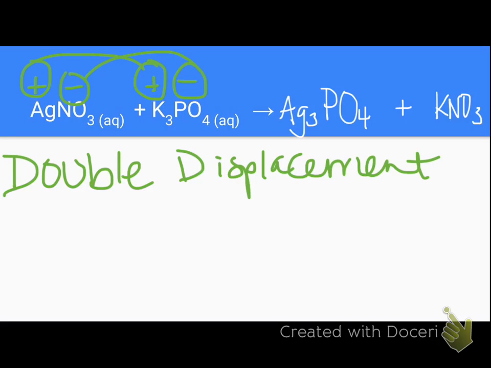All right, now determine our solubility. Silver phosphate is not one of those exceptions for your phosphates, so that is going to be a solid. And then all nitrates are soluble. And then we can go back through and balance.